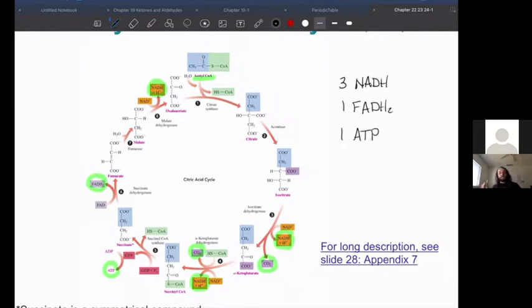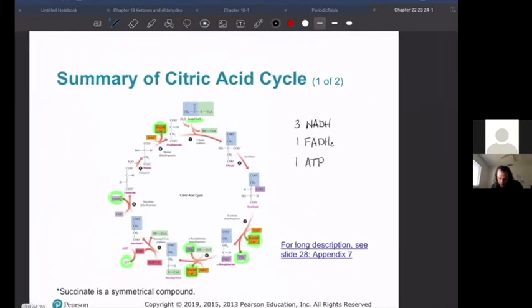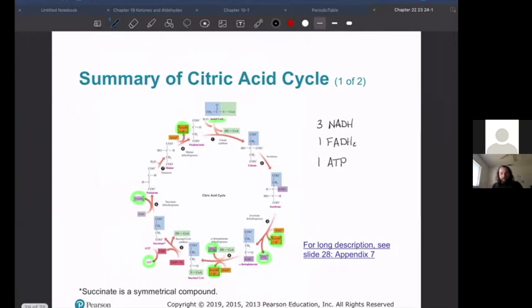That's the output of a single turn of the citric acid cycle. Remember, glucose is broken up into 2 molecules of pyruvate, which are then converted into 2 molecules of acetyl-CoA. So per molecule of glucose, you have 2 turns of the citric acid cycle. Just like before, we can see it happens in a series of steps.